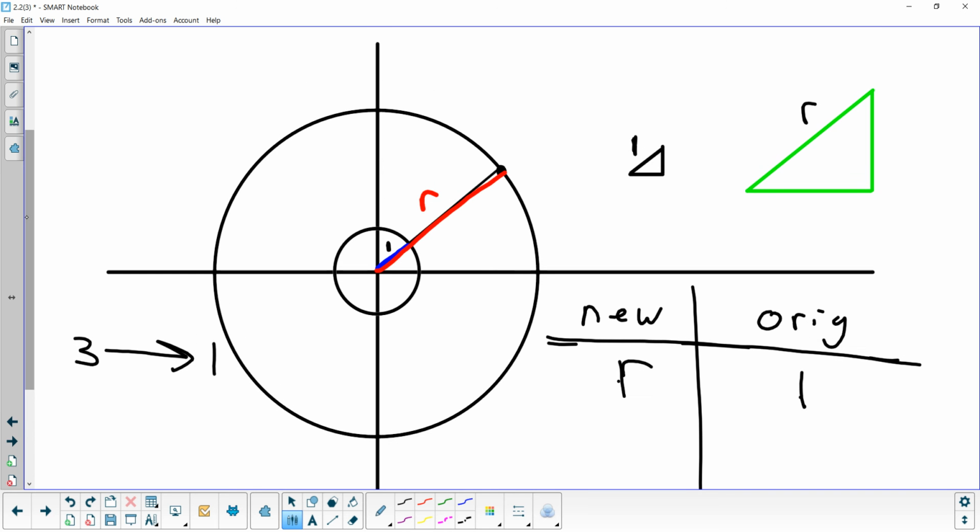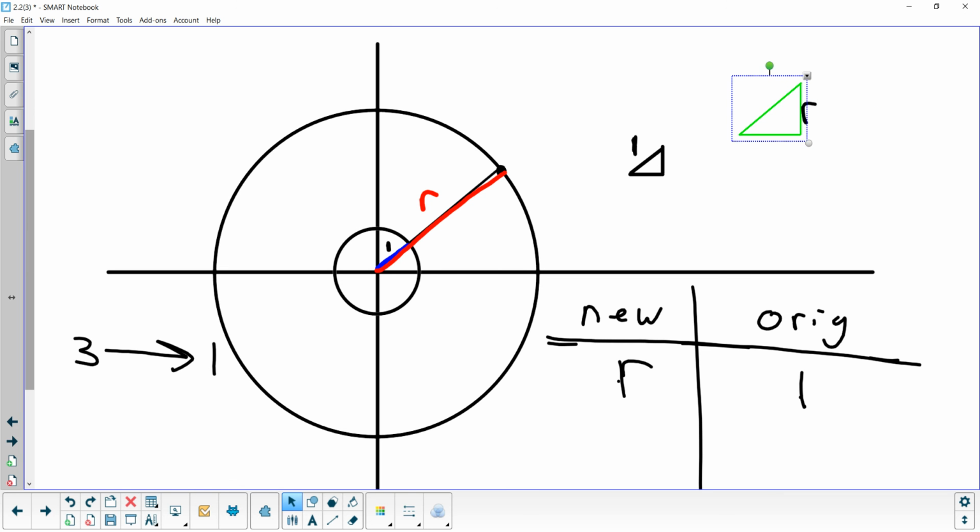So basically what I'm doing is taking this green triangle and shrinking it down, like this. And when I shrink it enough, I can turn it back into this other problem. I'm trying to scale it down.